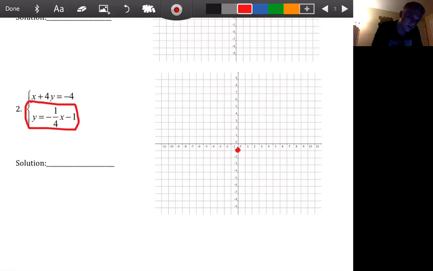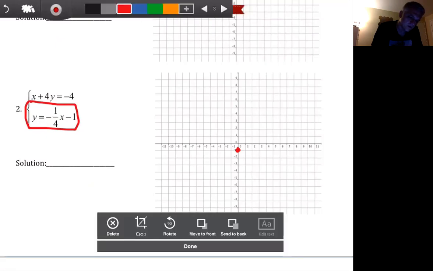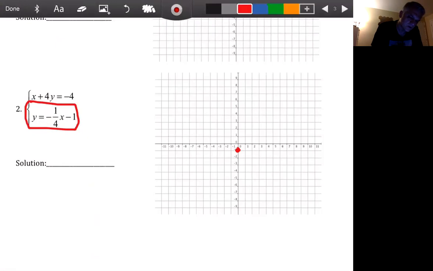So we can rise positive 1 and we can run negative 4, which would be here. So we went up 1 and left 4. Or what most people will do first is rise negative 1 to here and then run positive 4 to there. It's the same line. Doesn't matter. Let's do it again.